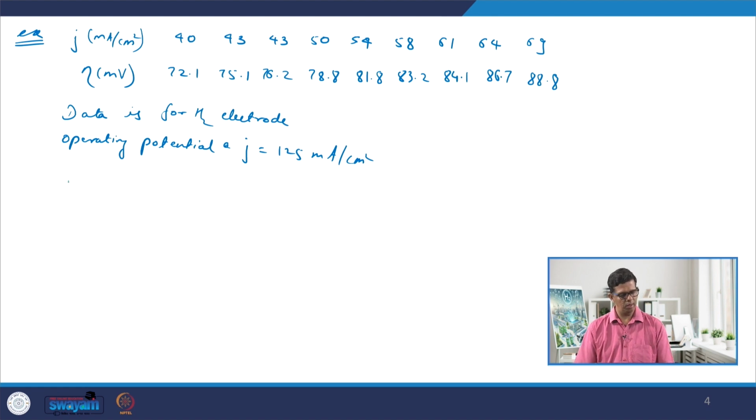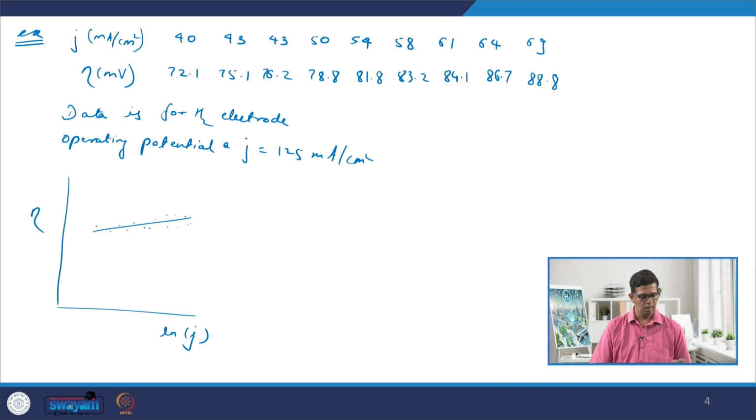If you plot it on an Excel sheet, eta versus ln I, there will be a straight line. There will be points somewhere like this. A few of these points will be on the line, a few may be off the line. However, if we draw a common line through these points, it will be a straight line.